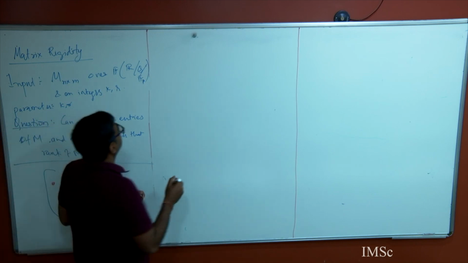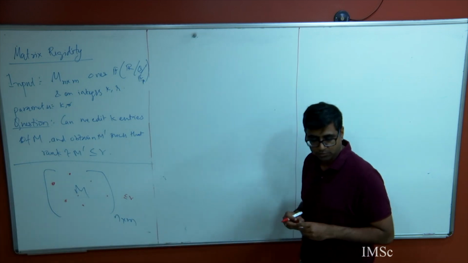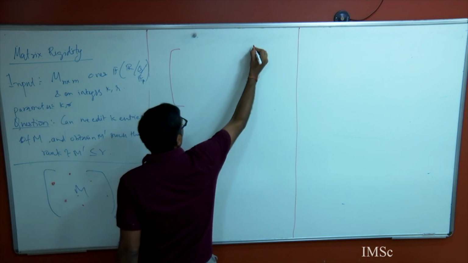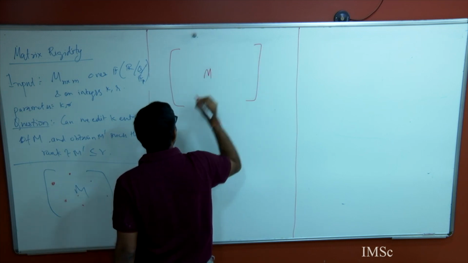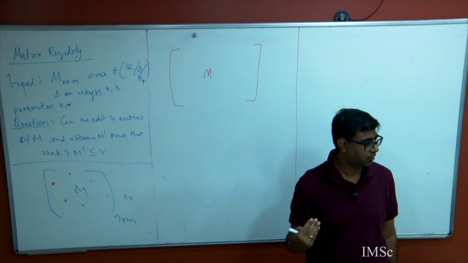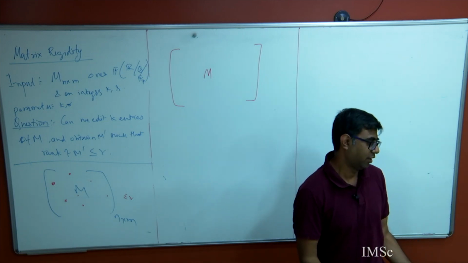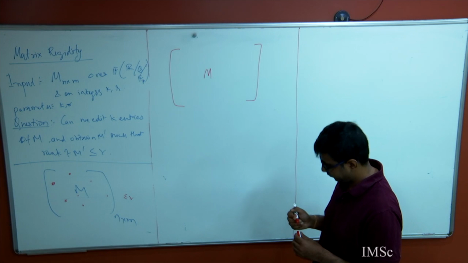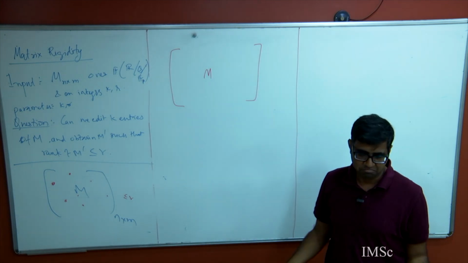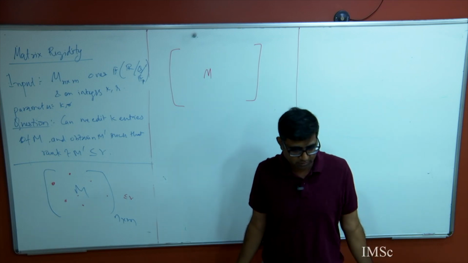Here is my procedure to do this. Here is my matrix M. First let me tell you how to reduce rows, and then you can reduce the columns accordingly. If the matrix already has rank R, do we need to do anything?